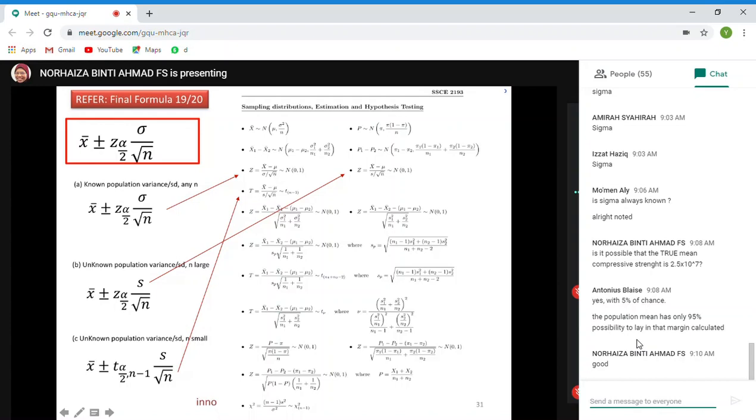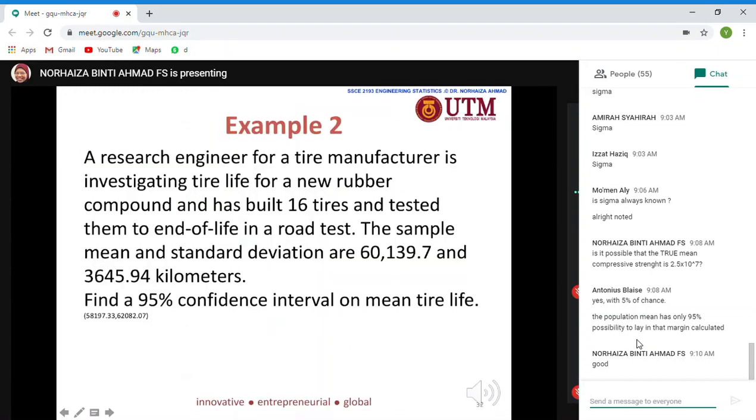Right, let's look at an example. A research engineer for a tire manufacturer is investigating tire life for a new rubber compound, and has built 16 tires and tested them to end of life in a road test.